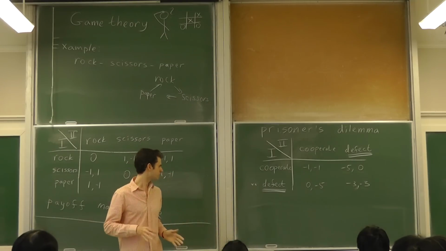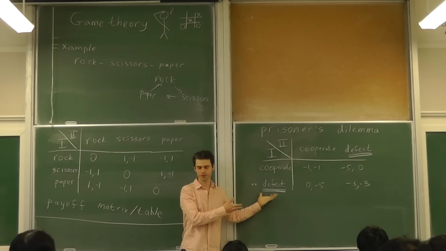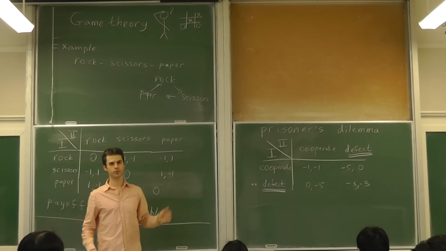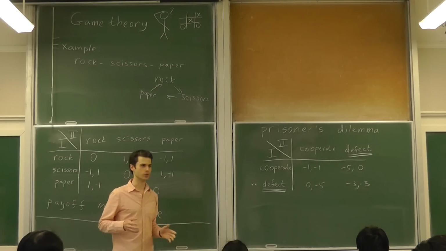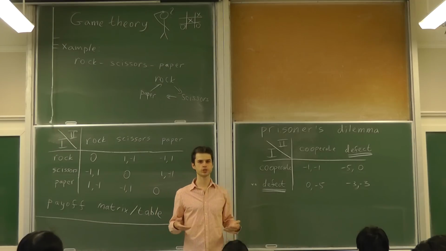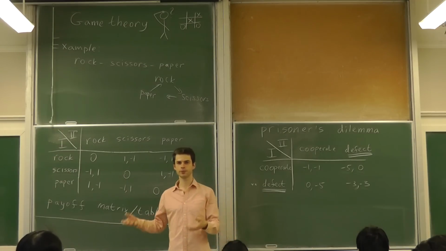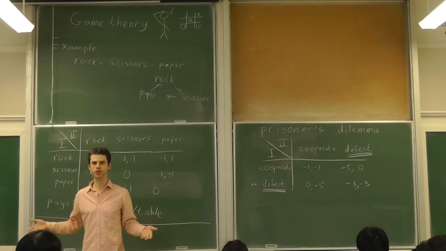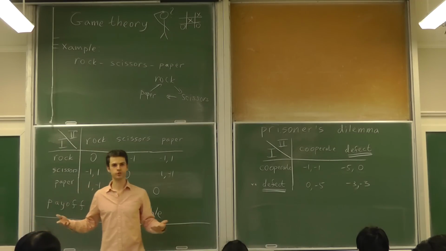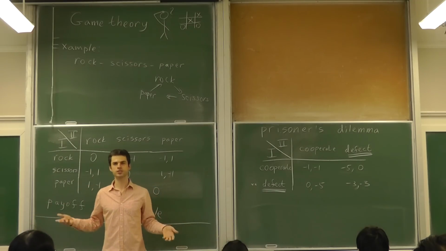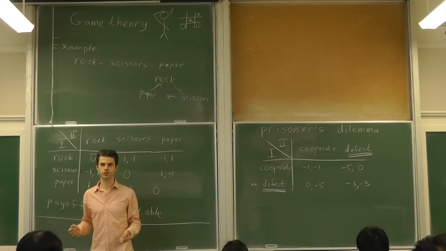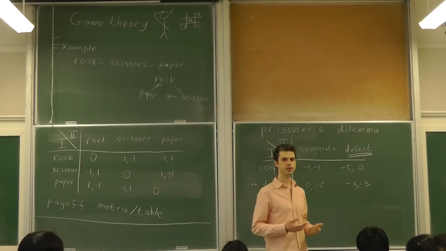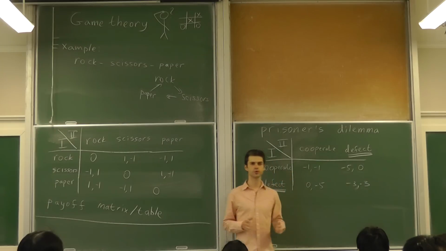Now I'll tell the story about this kind of game. It's called Prisoner's Dilemma because of the following story. The police catches two members of some gang and they separate them in prison. Well, they keep them in two separate cells, they cannot communicate, and they're accused of the same crime, but the police doesn't have enough evidence to actually punish them for this particular crime, so they tell each one the following story.